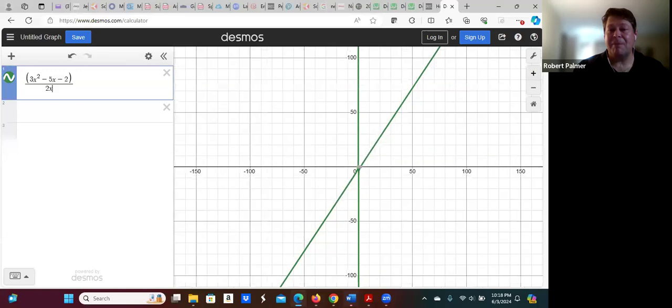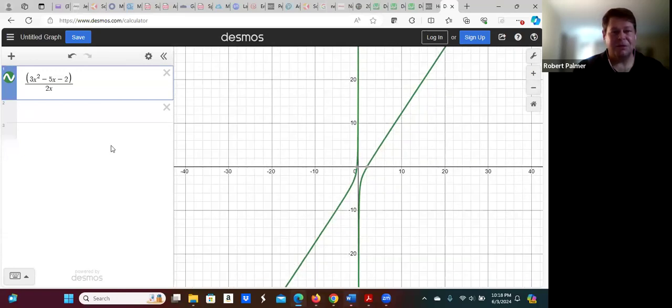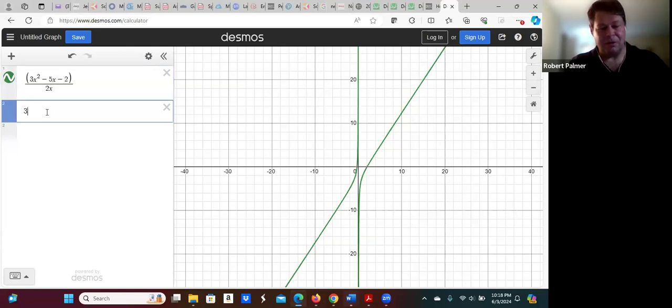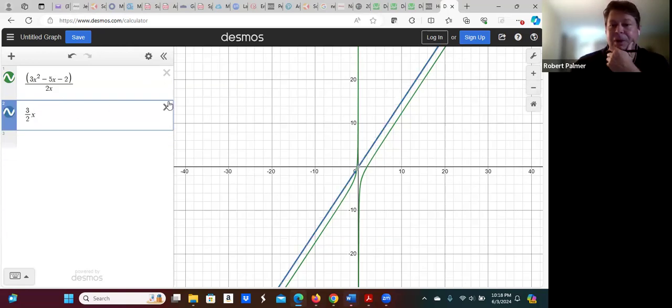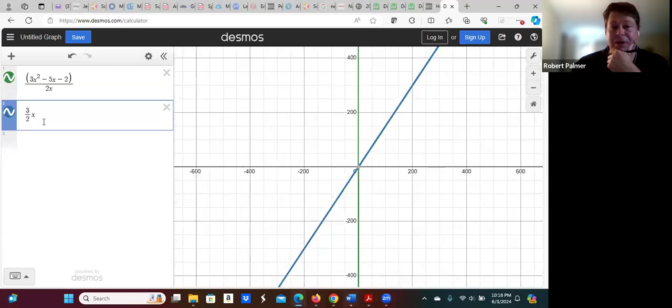But also something interesting happens. We said it looks like 3 halves x. Let's actually graph that as well. So 3 halves x. And what happens is that as we go further and further from 0, it looks more and more like that straight line, 3 halves x. That's what's called a slant asymptote or an oblique asymptote.